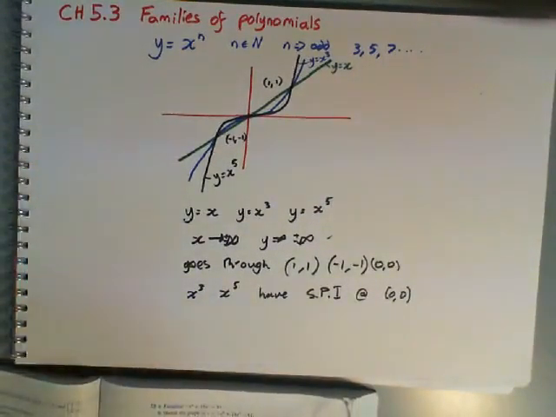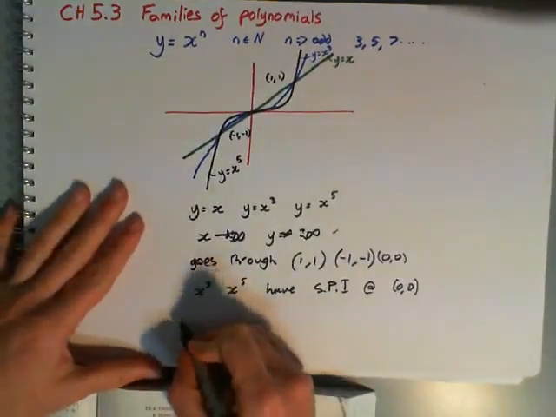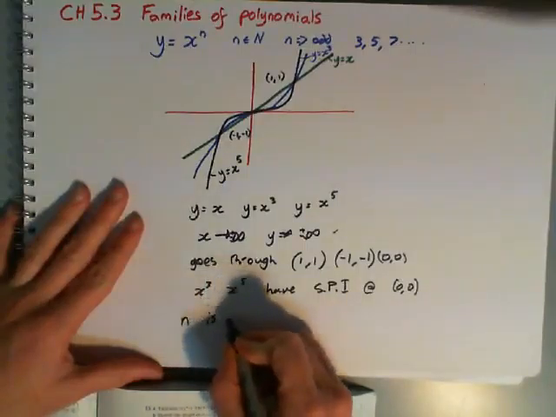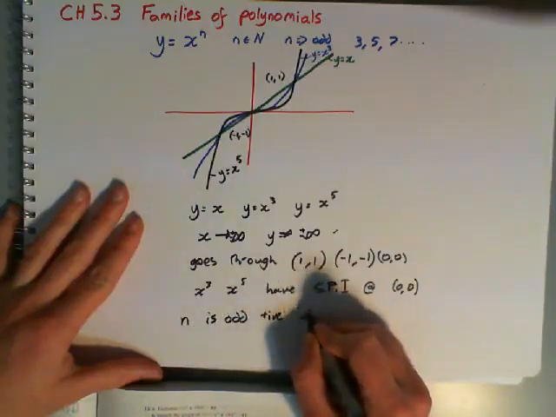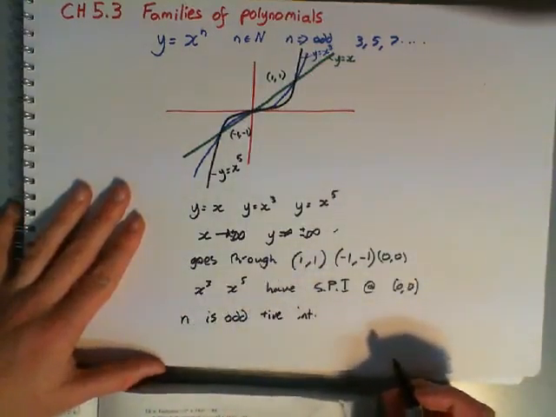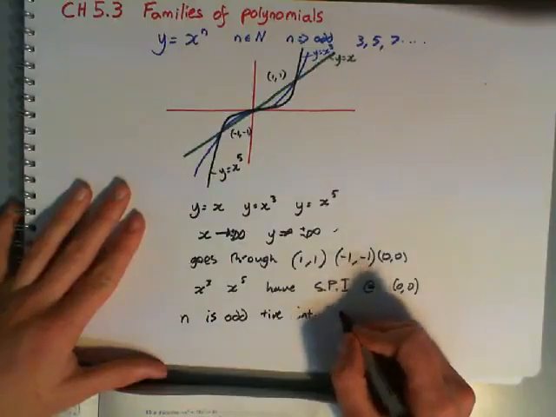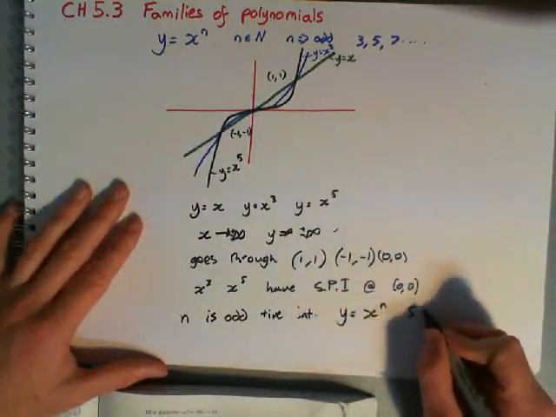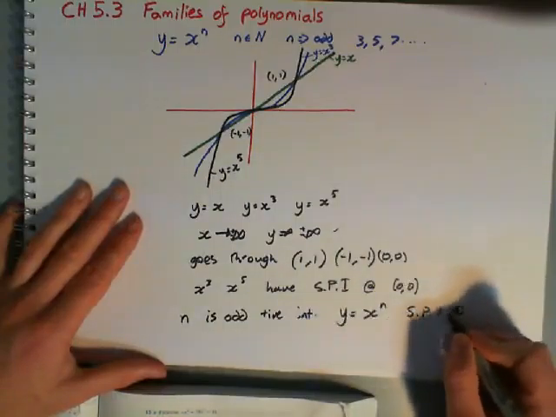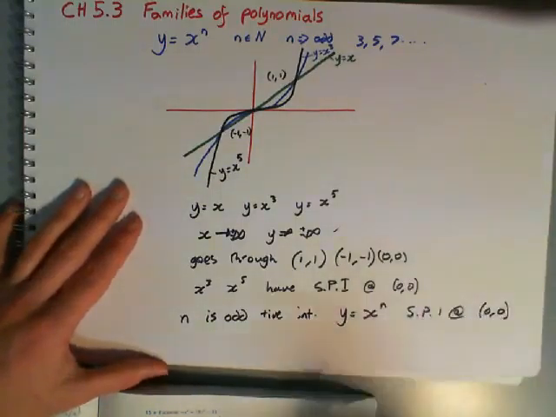So in summary, we can say if n is an odd positive integer, then y equals x to the n will have a stationary point of inflection at 0, 0.